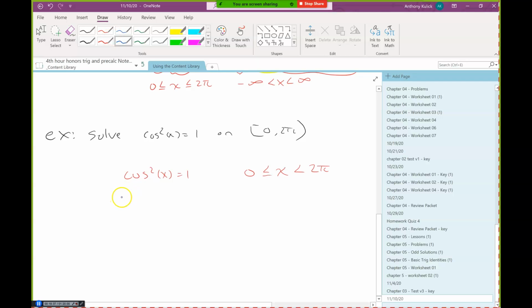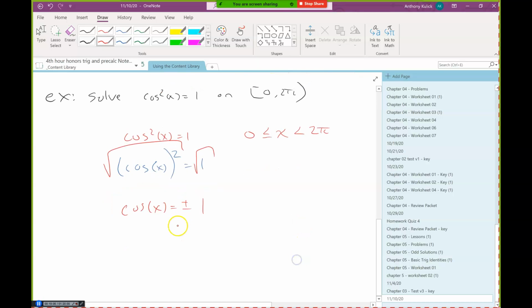So cosine squared, remember, means the same thing as cosine of x, squared. So we can get rid of the squared by taking the square root of both sides. Remember, though, when we square root both sides of an equation like this, what happens? Yeah, we get a plus or minus. Is everybody good with that?